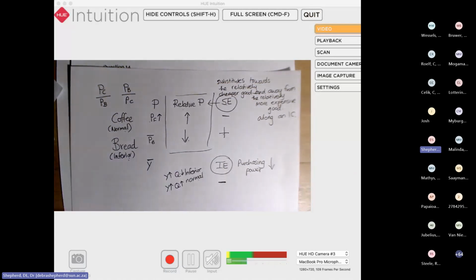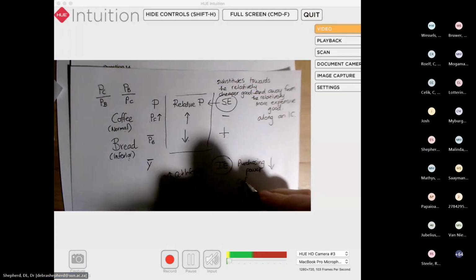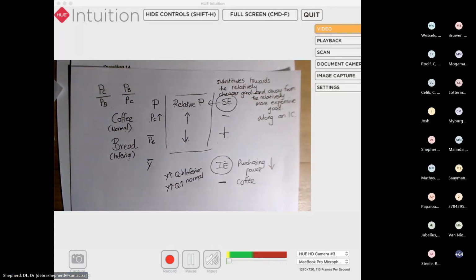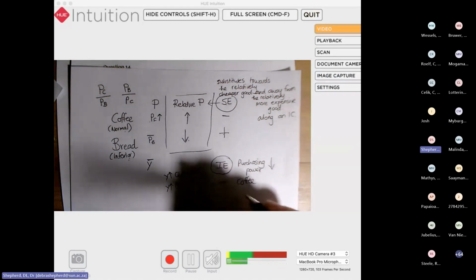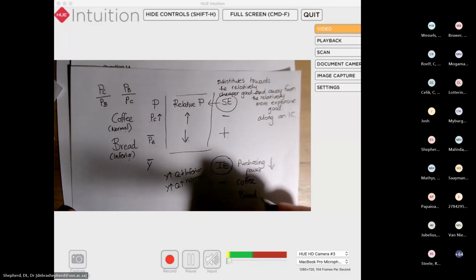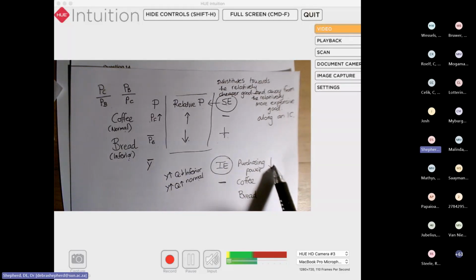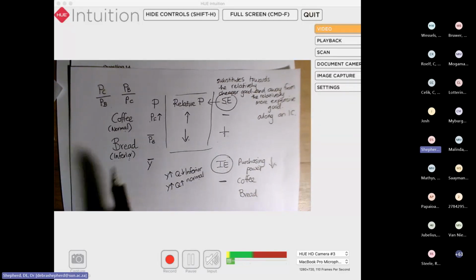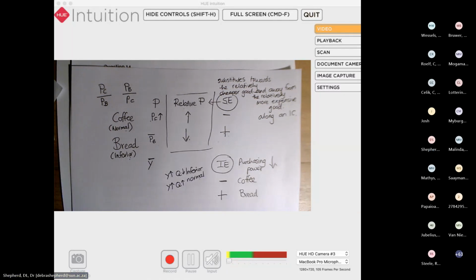It's going to be negative. Great. Okay, so the income effect on coffee will be negative. I will buy less of it. What would the income effect for bread be if my purchasing power goes down and bread is inferior? So if bread is inferior, it's going to be positive.